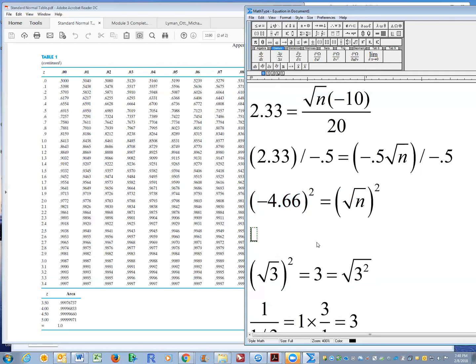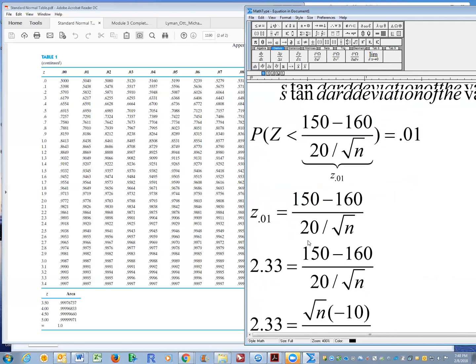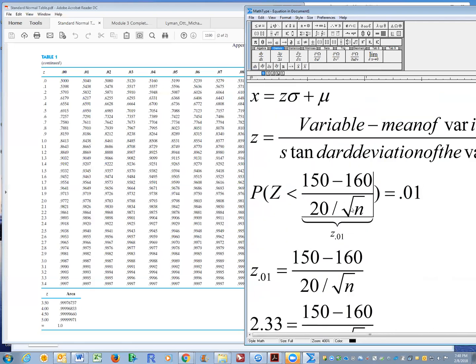Roughly 21.72. 21.72? Yes. Okay. And that equals the square root of n squared, which is just n. Now think about that. Mathematically, that's the number that goes into this ratio that makes this probability 0.01.